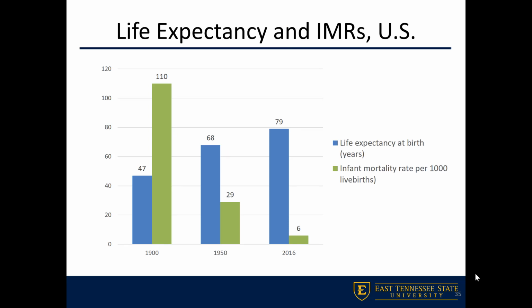And here, with this graphic, we see with the blue line, that's our life expectancy in years. And then in the green line, that's infant mortality rate per 1,000 live births. So when we compare over the last 115 years, the changes are pretty dynamic.